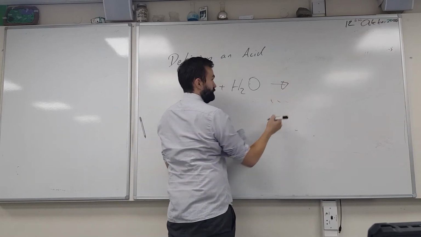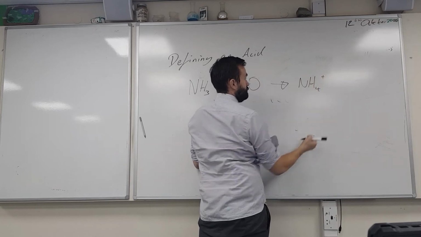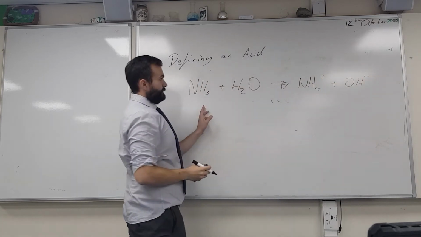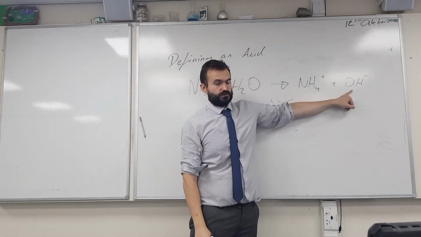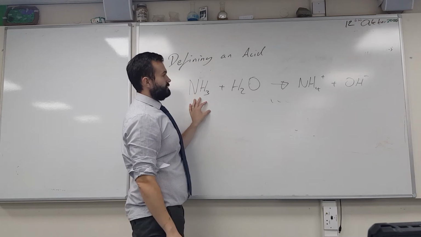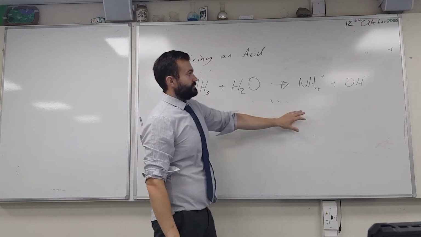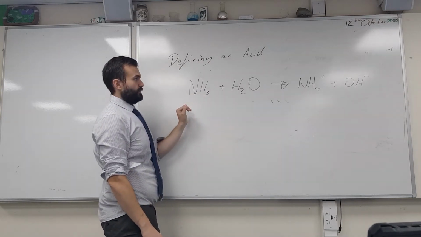When they mix with water, we get ammonium, which is NH4 plus, and we get OH minus. So because it generates that OH minus, it's an alkali. Even though this doesn't contain OH minuses, when it's mixed with water, it does create OH minus. So that's why this is an alkali.